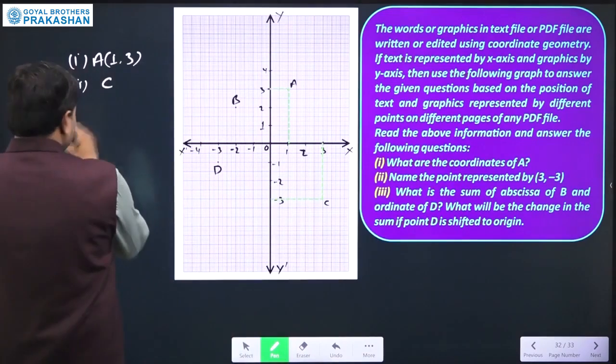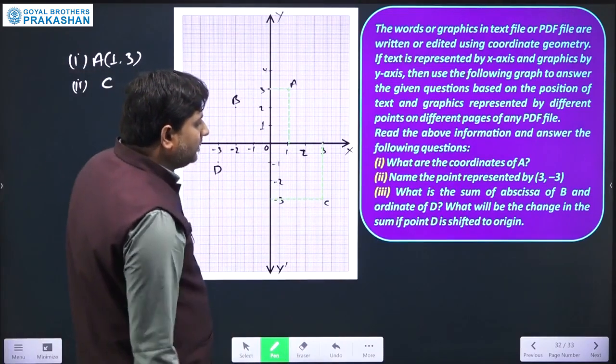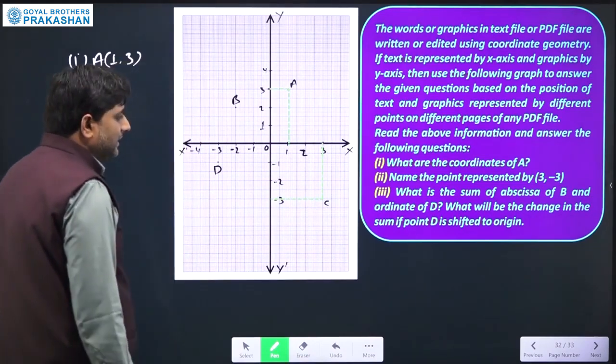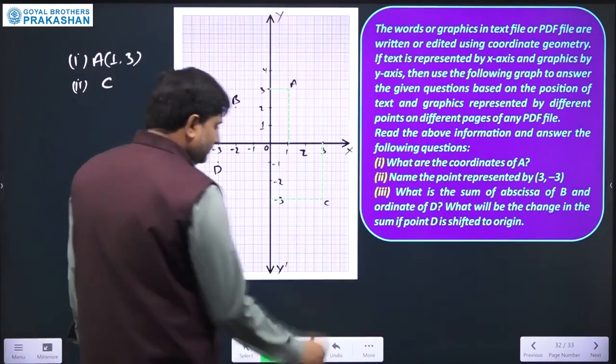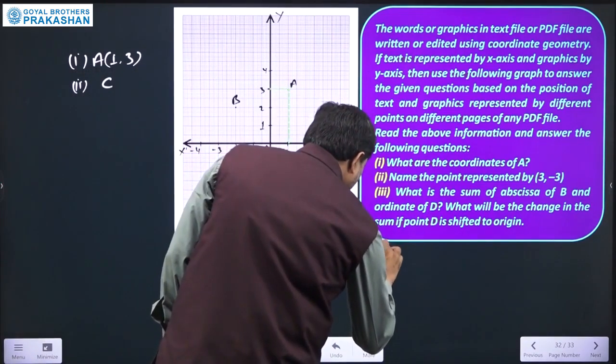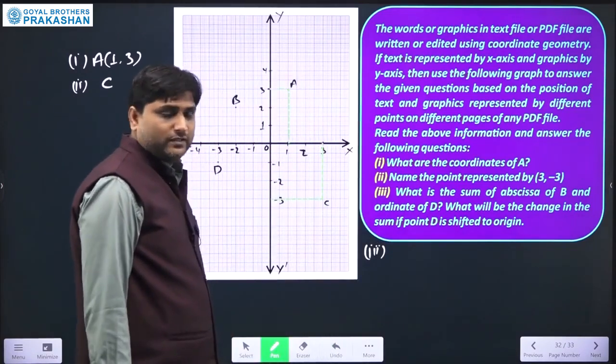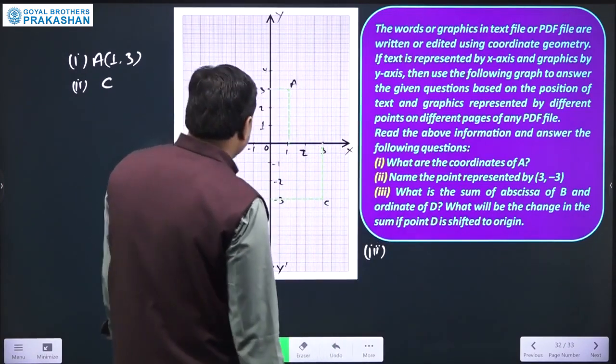Now third part. What is the sum of the abscissa of B and ordinate of D? Where is point D?